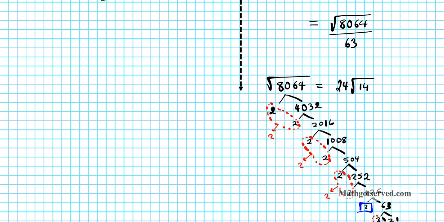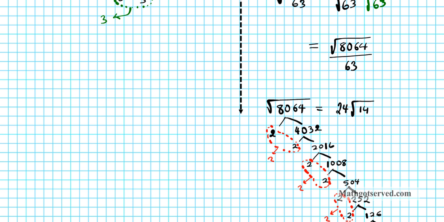Alright, so let's insert that back into the original problem. 24 root 14 as a replacement for the square root of 8,064. So this becomes 24 root 14 over 63. Now, is there a greatest common factor other than one of these two numbers? The answer is yes. 3 goes into both of them. 3 goes into 24 8 times, and 3 goes into 63 21 times.